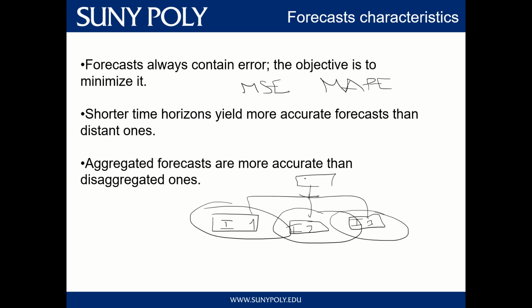It means that if I have the category of these soft drinks, you will be more accurate if you analyze the category instead of the individual products. That's not just in terms of products, that also means in terms of regions. It's easier to make a prediction of a whole city compared to an individual store. Same idea with time. You can also aggregate time.